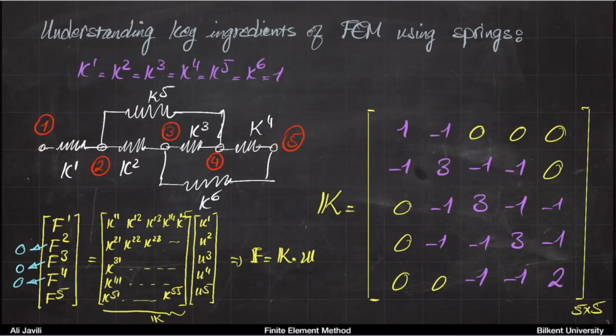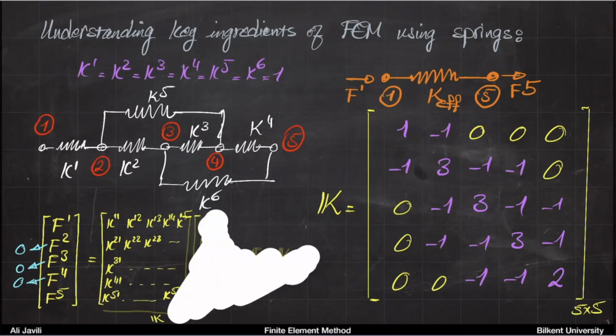So basically, the question is, if this is node 5, and this is node 1, in between, you should have an effective stiffness. So you have F5 here, and you have F1 here. What would that be? That is what we asked ourselves previously.